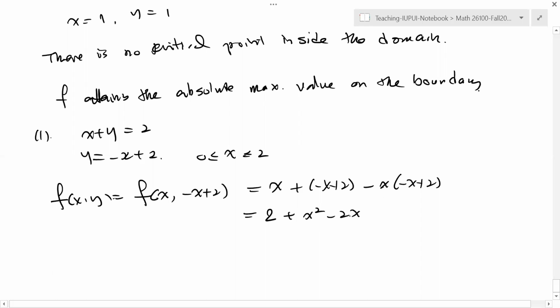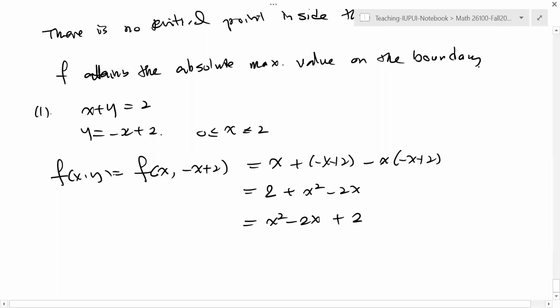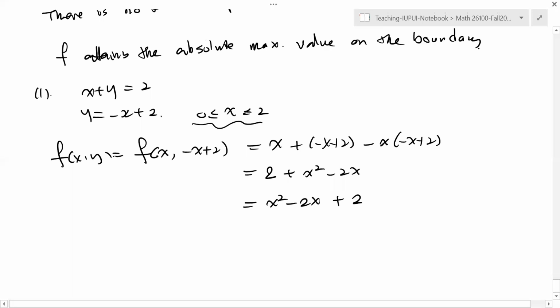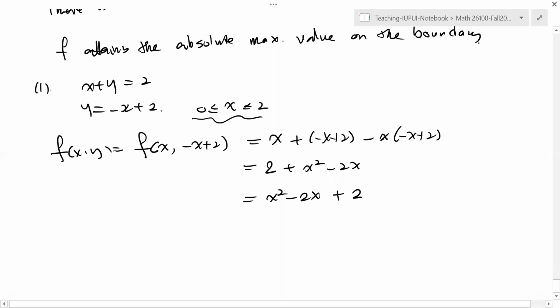This is a quadratic function, so you get x squared minus 2x plus 2. And what is the maximum value of the function for x between 0 and 2? Well, this is another problem, right? If you look at the graph of this function, here's 1, here's 2.